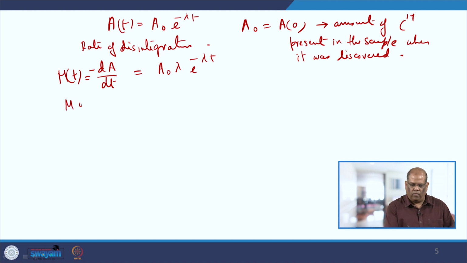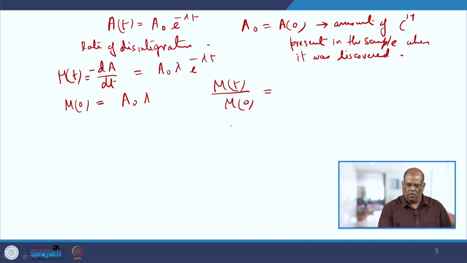If you want to find M0, it is A0 lambda, and the ratio M(t) by M0 gives you e to the power minus lambda t. From here, you can calculate t equal to 1 by lambda ln of M0 by M(t).